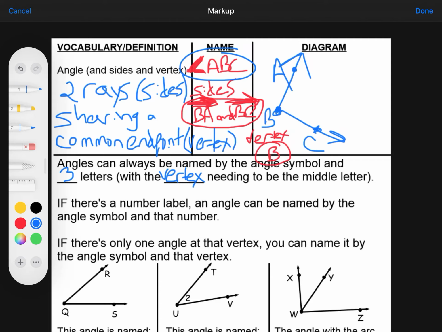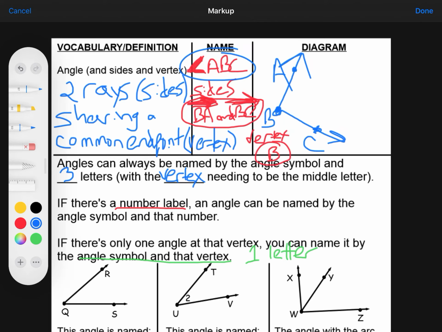One of the ways is with three letters, putting the vertex in the middle. If there's a number label, then there's another way to name it. You put the angle symbol and that number. If there's only one angle at that vertex, you can name it by the angle symbol and that vertex. In other words, sometimes you can name things with one letter. You can always name things with three letters, and you're going to have to know that. But sometimes you can name things with one letter.